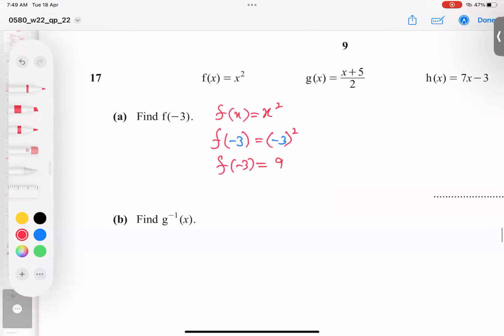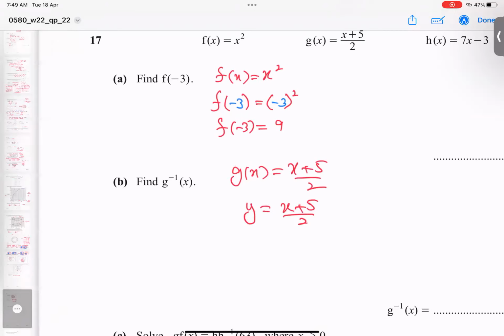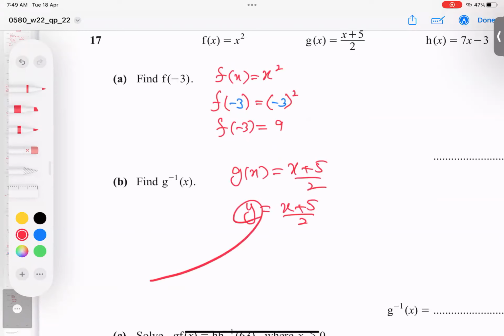Next part, G inverse of this. So job number 1, first of all, we will copy the function. Number 2, remove the function name, write y. Now currently y is the subject, but you will make x the subject. How to make x the subject? First, this divide by 2 will multiply here.